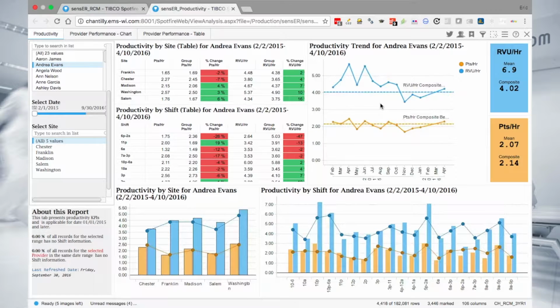Let's say you're managing a new APP who's been working for your group for 3 or 4 months. And at that point, you need to make an assessment about their performance. Problem being, they've only worked very few shifts at any particular site in any particular shift type. Therefore, the sample size for any one particular shift is fairly small, not enabling you to make conclusions about how productive they are in general.